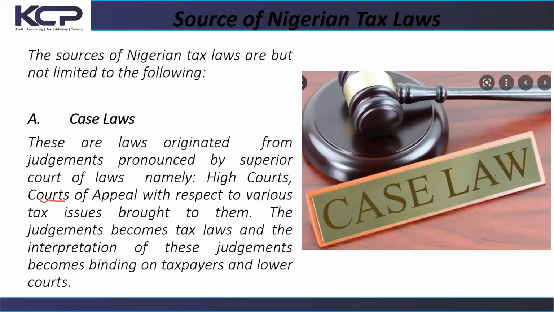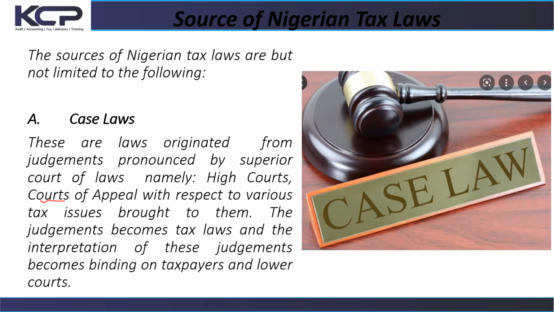So let's start. I put as the very first one here the case laws. Oftentimes without number, there are instances whereby assessments or demand notices were raised on certain taxpayers, and they, for one reason or the other, objected to it. Eventually, it gets to court, right?